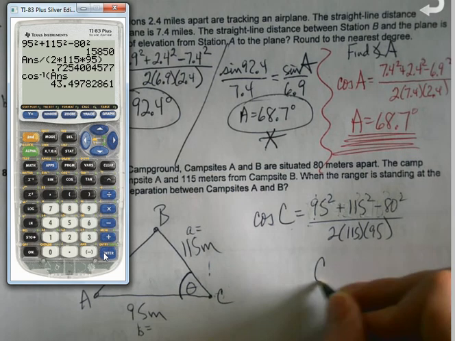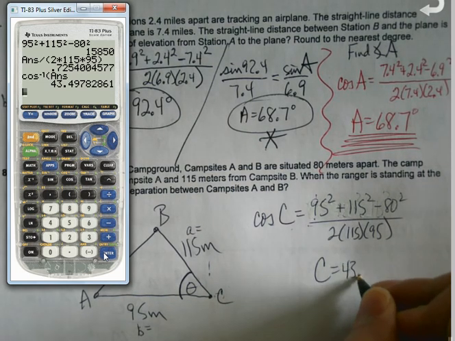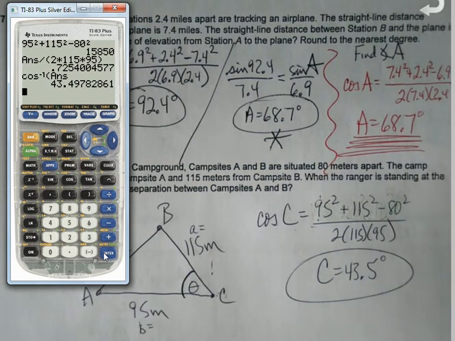And it looks like C is going to be about 43.5 degrees. And just to let you know, I did do it the old-fashioned way when I put my note sheet together, and I got the same thing. So, be rebels, go for what you want right away.